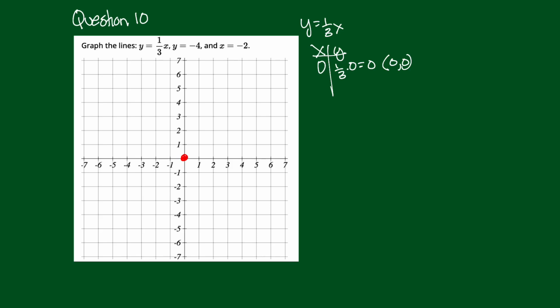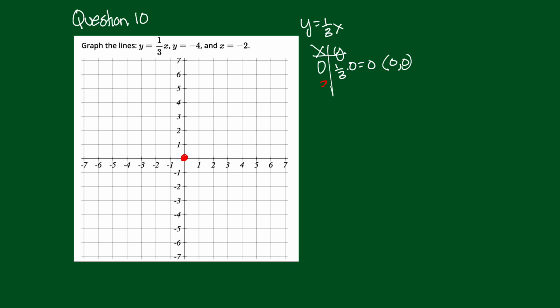Now pick another number for x. I could pick any number, but I'm going to pick one that is not right next to it, but kind of far out so I can stretch out my graph. And I want the denominators to cancel. I don't want any fractions. So pick an x that cancels with the 3. 3 will go into what number? How about x equal 3, 6, 9?